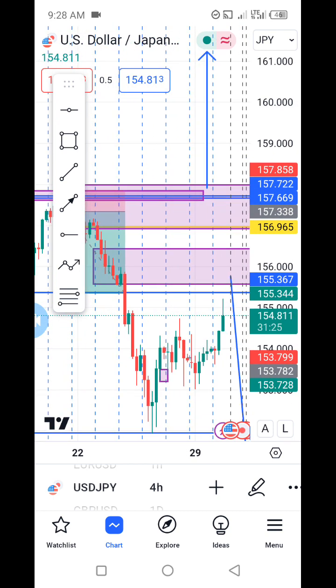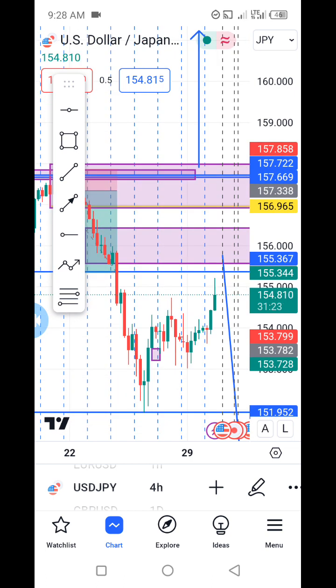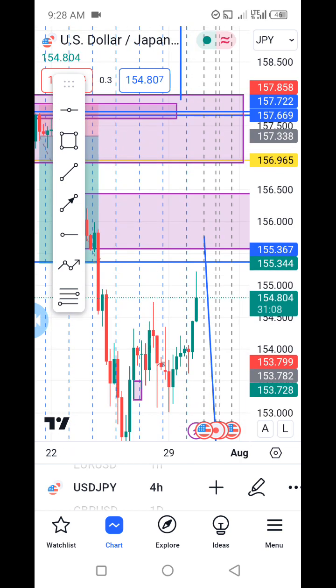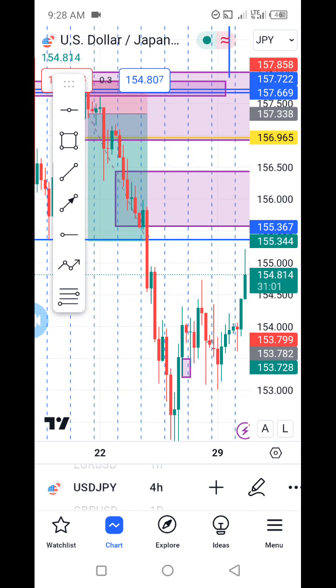Alright, so I'm going to show you guys how to use the Fibonacci retracement tool, because I noticed that most of us use Fibonacci retracement in the wrong way. So I'm going to show you guys a better way to use the Fibonacci retracement tool. So let's go guys.